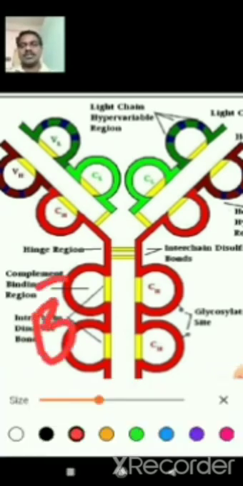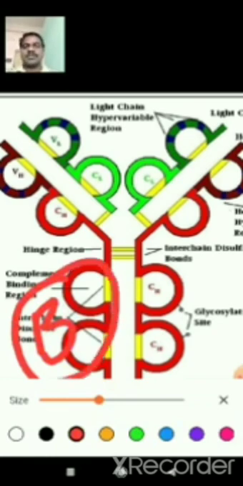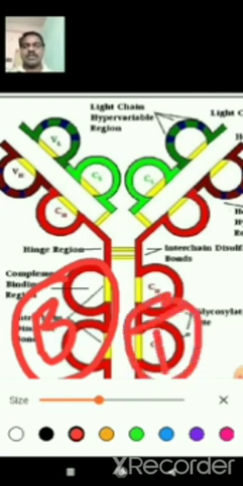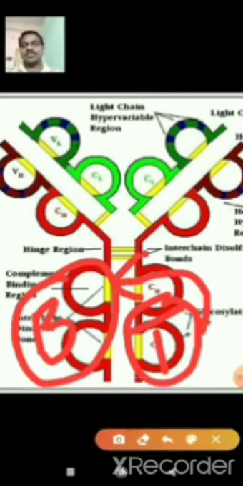The B cells produce and release the antibodies. T lymphocytes do not release antibodies, they motivate the B cells. After the entry of the antigens, the B cells produce the antibodies.